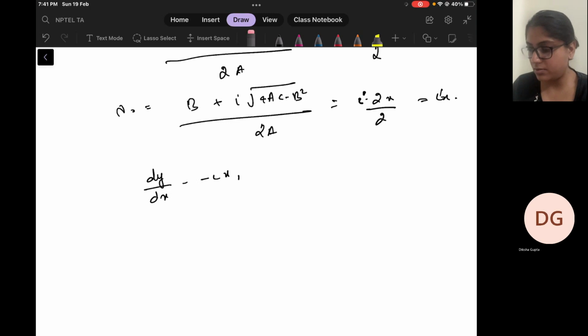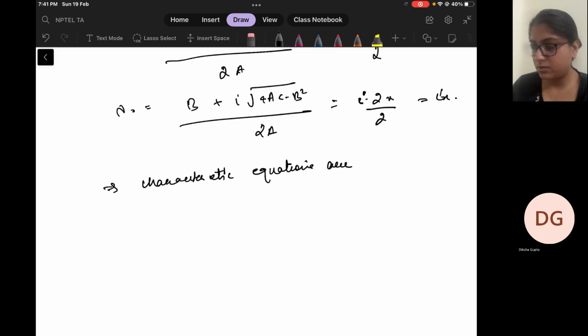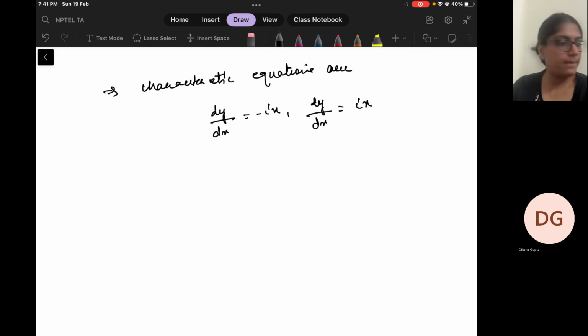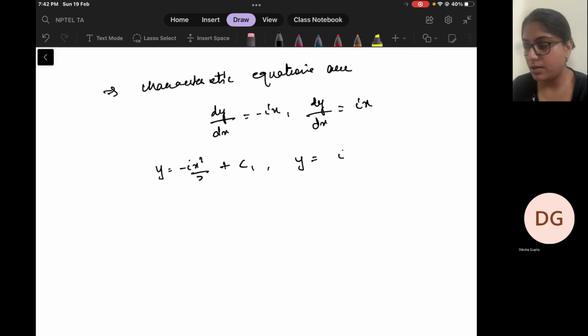I should probably write it down neatly. The characteristic equations are dy by dx is equal to minus iota x and dy by dx equals iota x. So if we try and solve these, what we'll get? y is equal to minus iota x squared by 2 plus c1, and y is equal to iota x squared by 2 plus c2. So see that there are no real characteristic curves here.